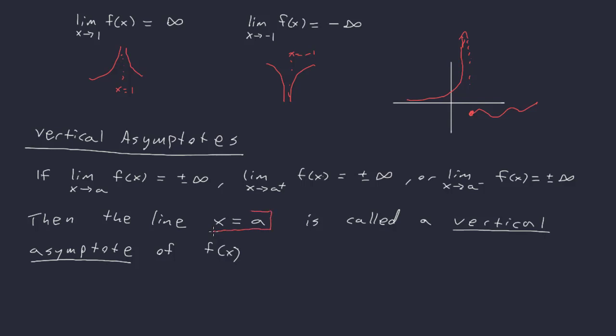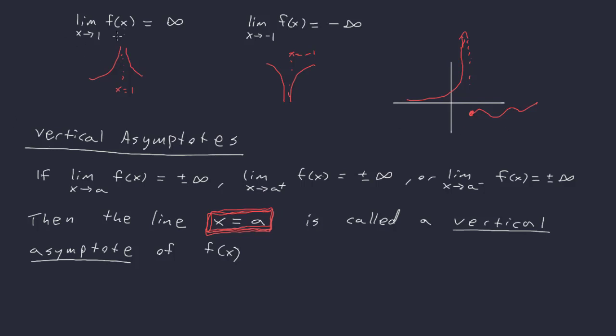Now this is important here. It's the line itself that is called the vertical asymptote. You need to be careful because your online homework, the book, things like that, are usually looking for this. When it asks for what the vertical asymptote is, it's looking for an x equals a.